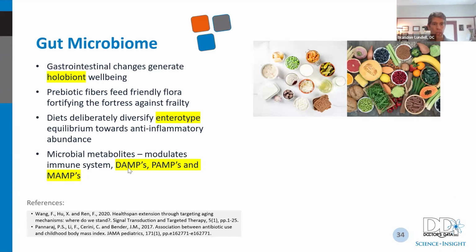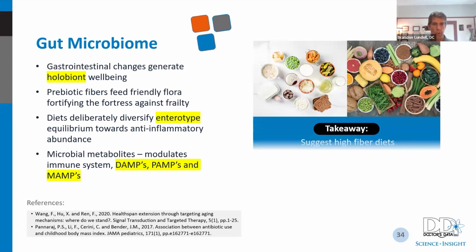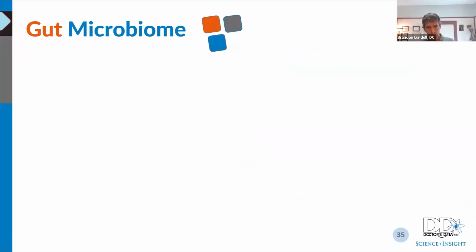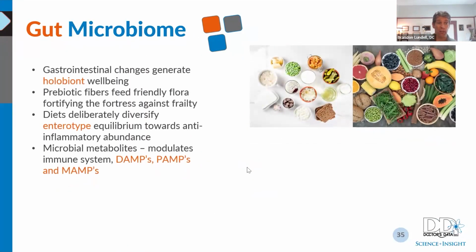DAMPs are danger-associated molecular patterns. PAMPs are pathogen-associated molecular patterns. These are the things that drive up our antibody responses and our immune responses. So treating the gut microbiome, we'll talk about that.